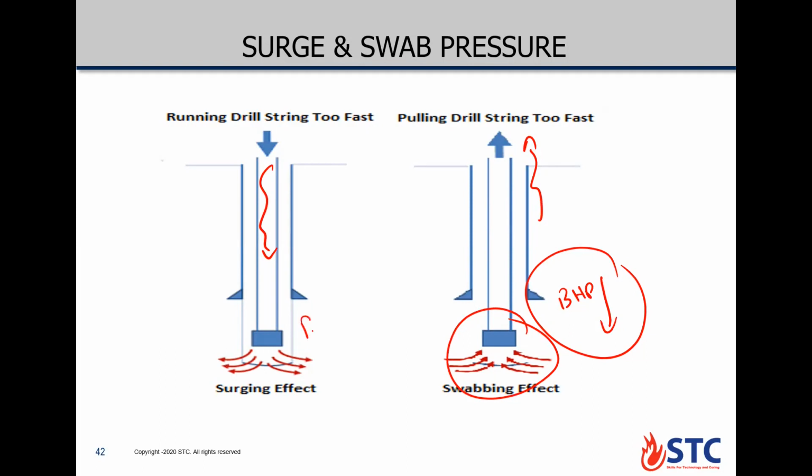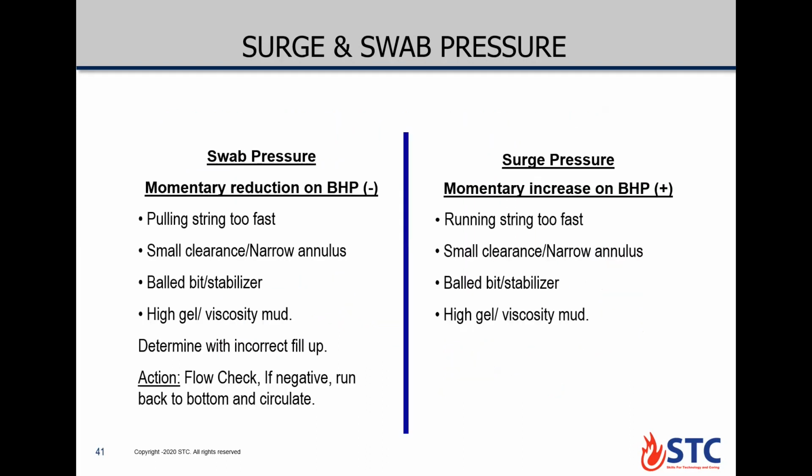So here the bottom hole pressure increases to a value that causes fracturing in the formation, so you lose mud in the formation. So your hydrostatic pressure starts to decrease due to the level drop. Now if our bottom hole pressure is lower than the formation pressure, you're going to have influx from the formation.